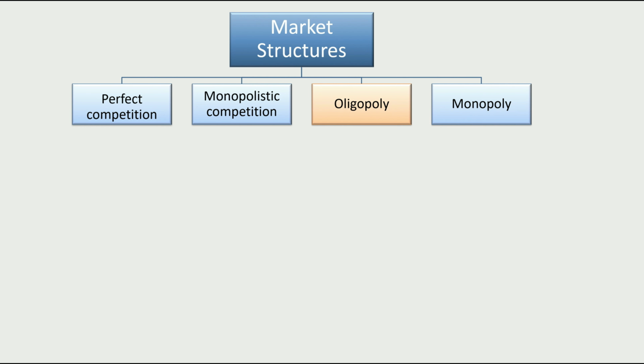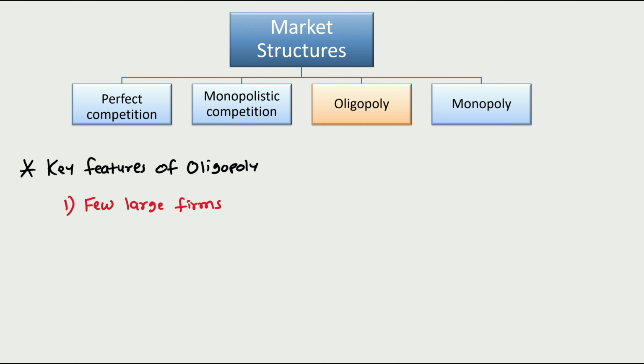All right. So let's understand some key features of oligopoly. In oligopoly, there are few large firms.